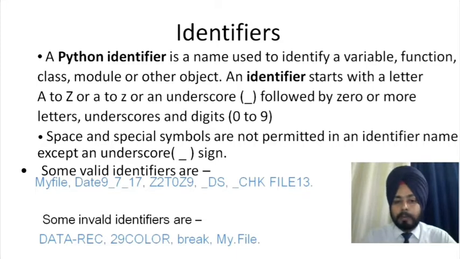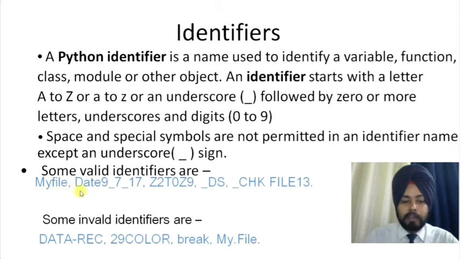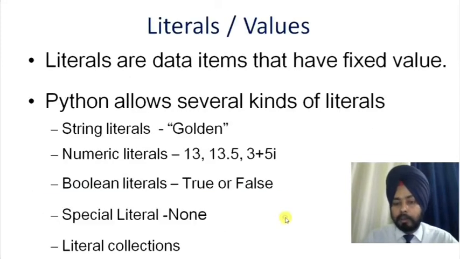Space and special symbols are not permitted in an identifier name except an underscore sign. Here are some valid identifiers: myfile, date9_7. Here are some invalid identifiers: date-rec, break, 29color, my.file.